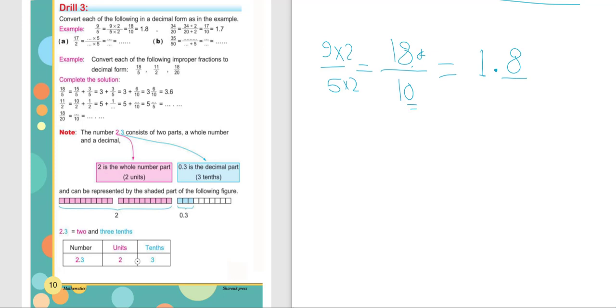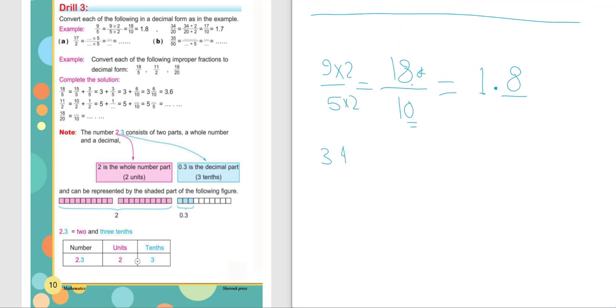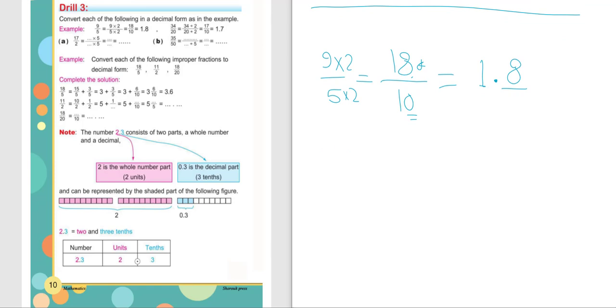Another example. Here we have 34, or first let's solve like the previous example. Here we have 17 over 2. 17 over 2, the denominator must equal 10. So 2 times 5 equal 10, and 5 times 7 equals 35. Put 5 and carry 3. 5 times 1 equal 5 plus 3 equal 8.